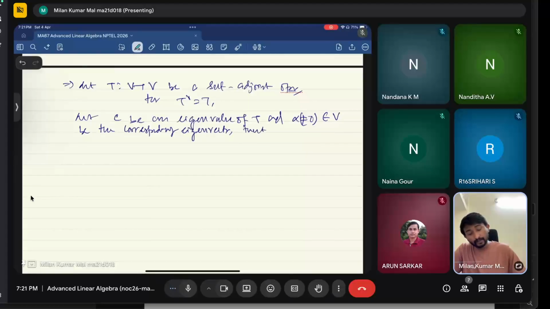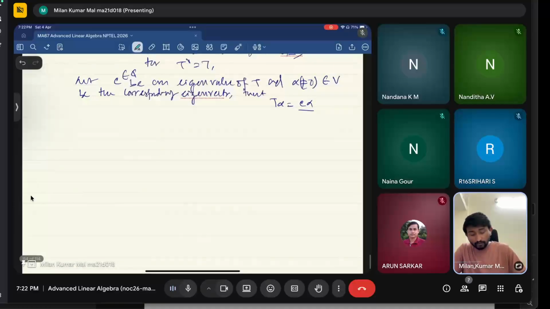That is, T of alpha equals C alpha. Now I have to prove that C is real. Let C belong to the complex numbers. I have to prove that C is real. So we have to start this way.